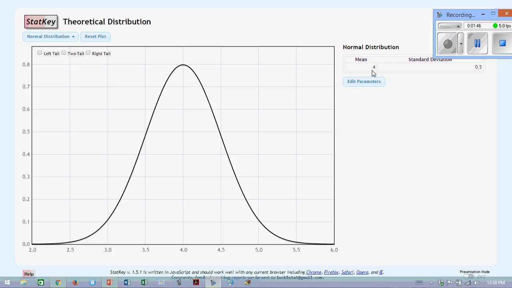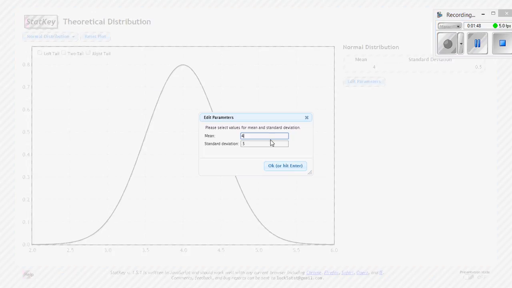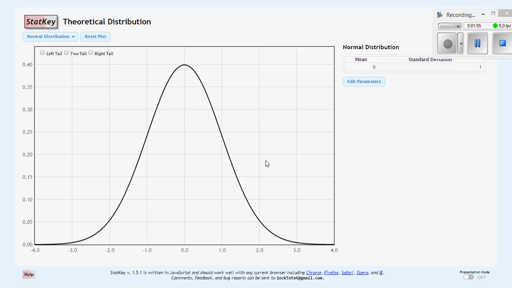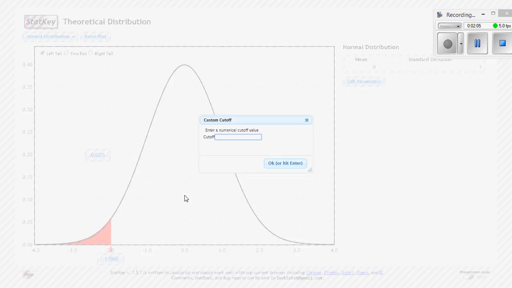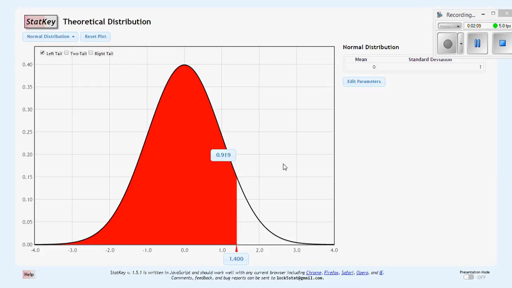Now, if we wanted to look at z-scores, we need to set our parameters. So we have a 0 for our mean and a standard deviation of 1. Now, if we wanted to do our z-scores that we were looking at before, I just clicked the left tail, and I'm going to go down here and put in my z-score, and for our ACT it's 1.4.